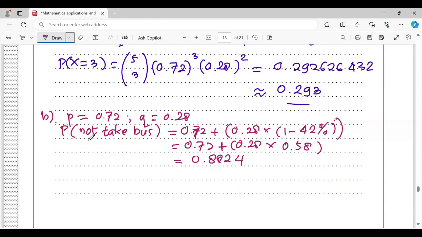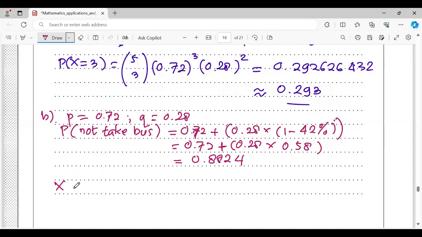That is the probability if she does not take the bus. Now, the binomial distribution.